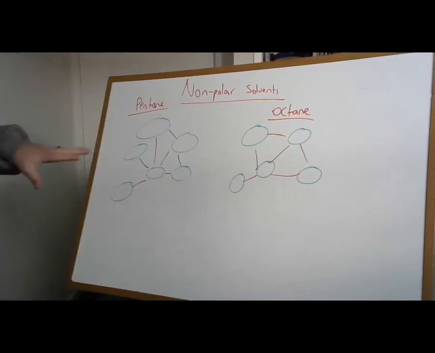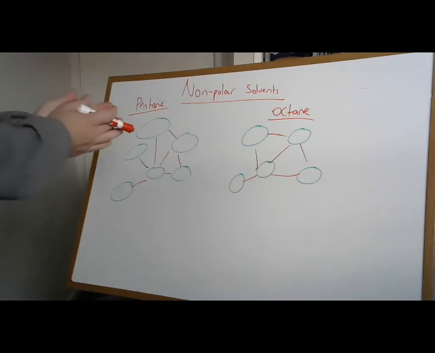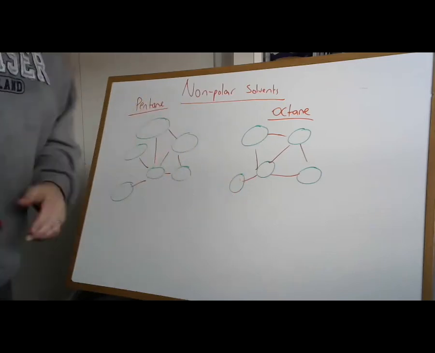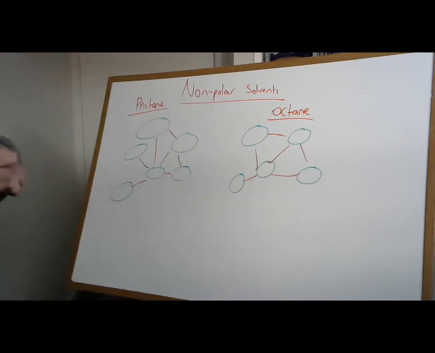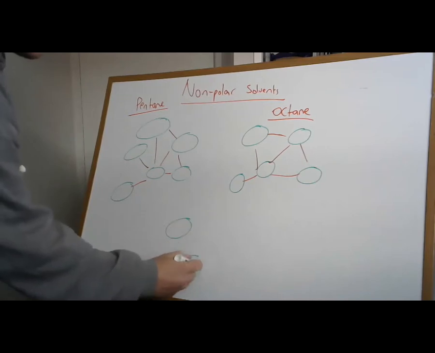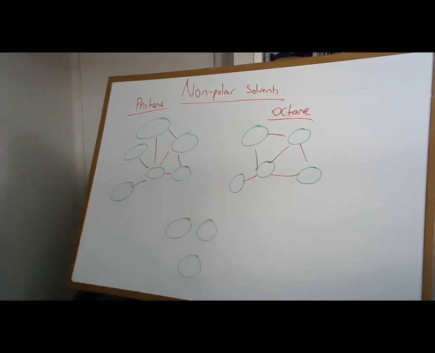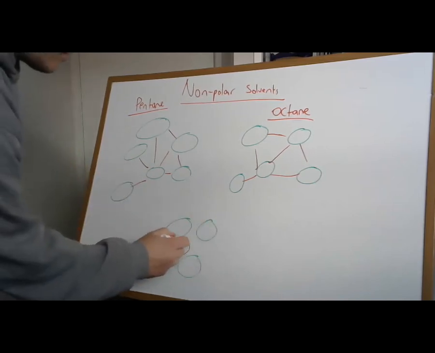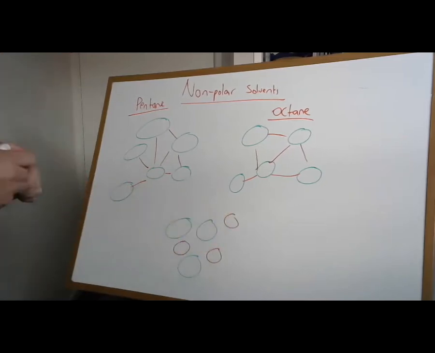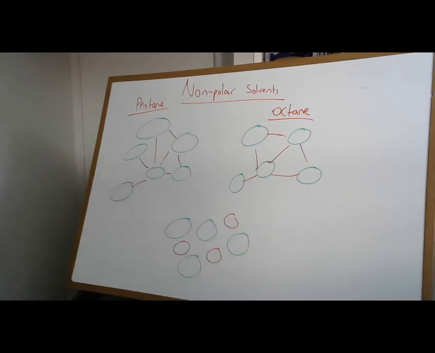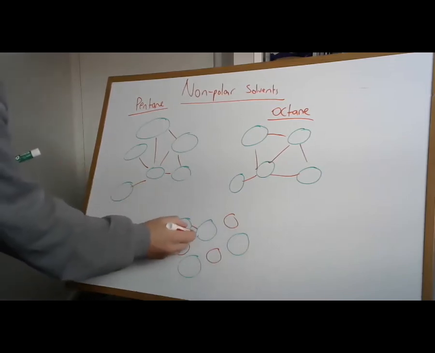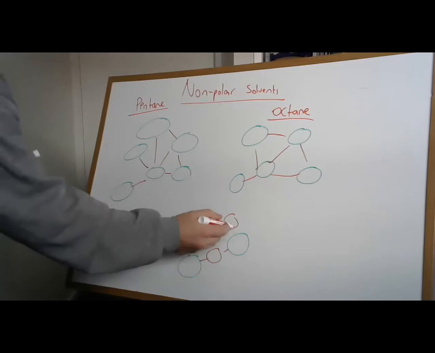So what happens is that when you put these together, all of these bonds effectively break. And then we get a reforming over at the bottom here. Turned pentane green. So now they're all mixed uniformly together, and they've all bound with each other.